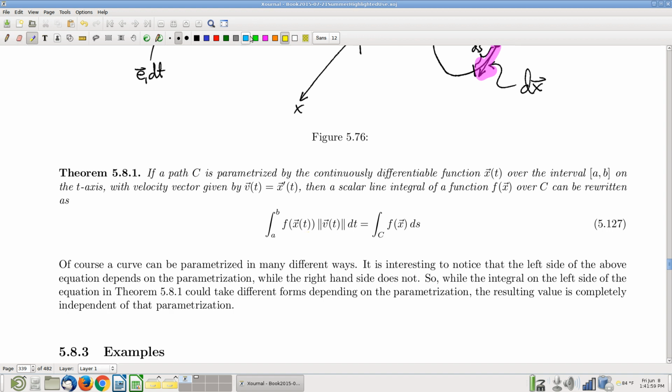Don't forget that ds, distance, is speed times time. So your stretching factor, in other words, don't forget your stretching factor. Your stretching factor is speed, or namely the magnitude of the velocity vector, namely the magnitude of the derivative of the parameterization. There's your stretching factor.